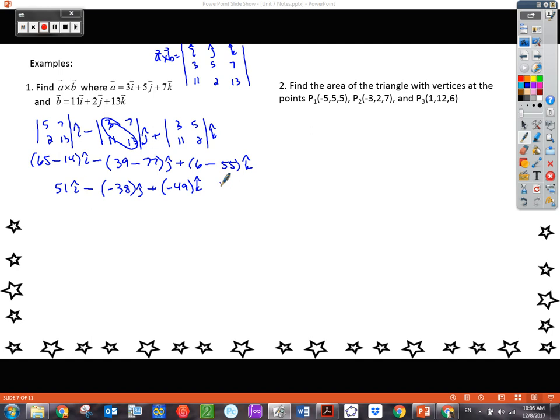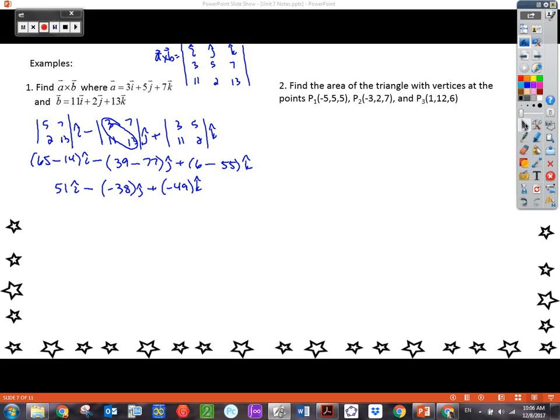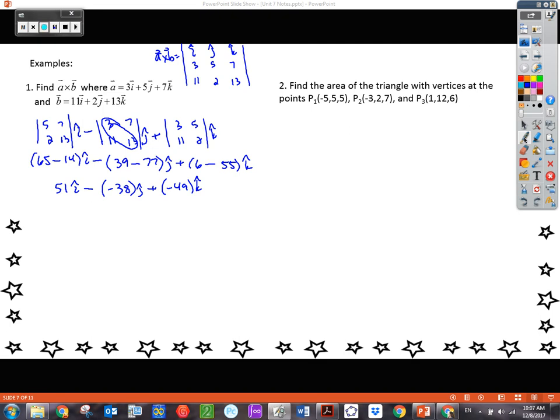And now I just need to clean it up, make it look really good. Okay, there we go. So let's clean that up a little bit. So we have 51i plus 38j minus 49k.